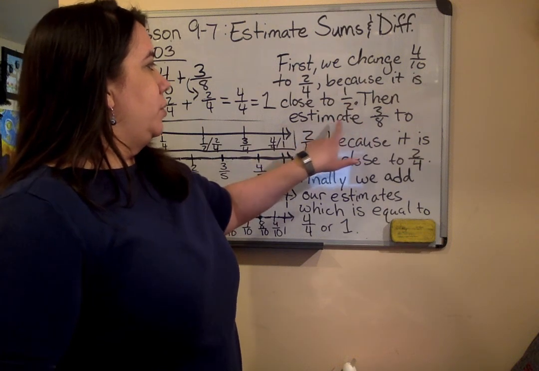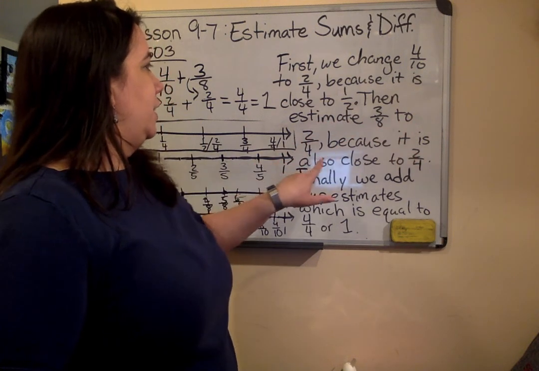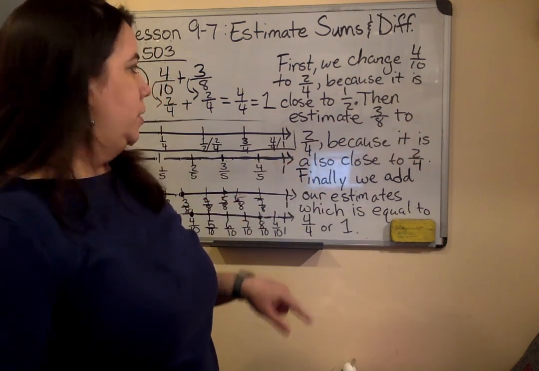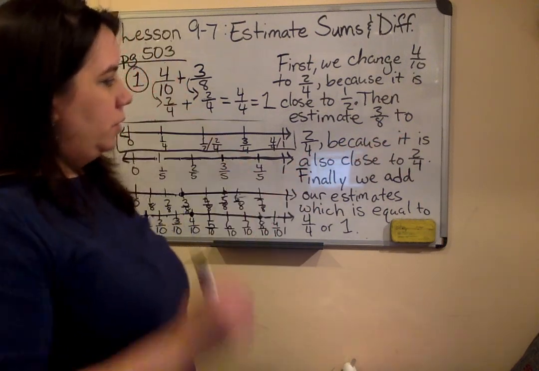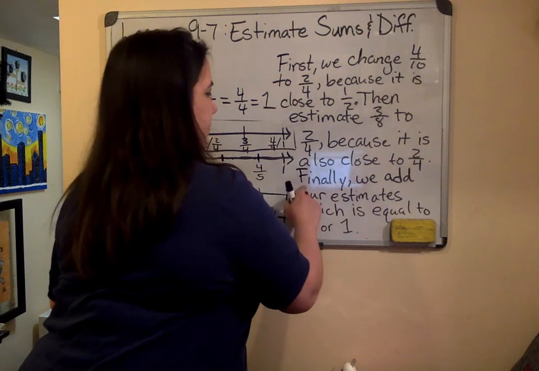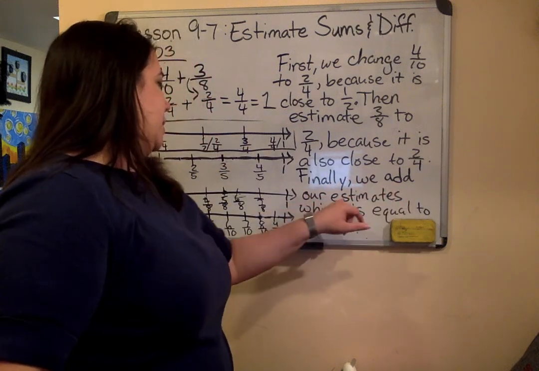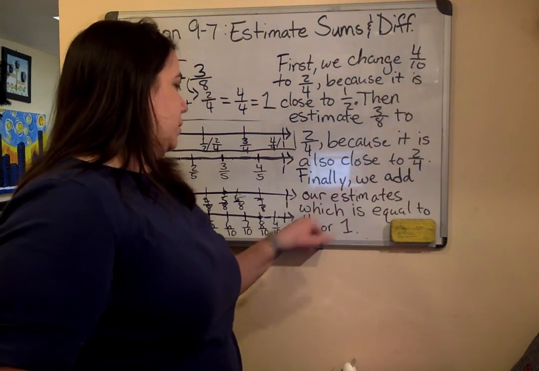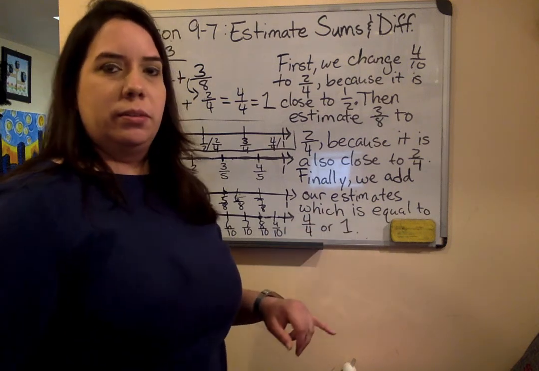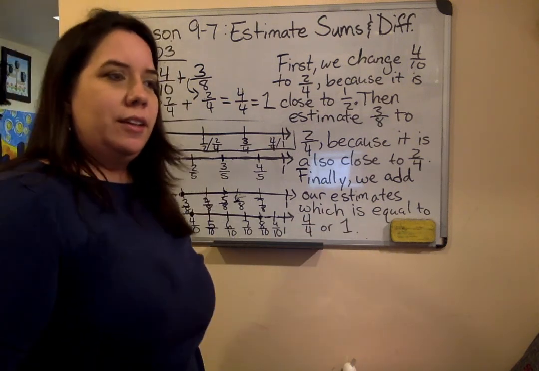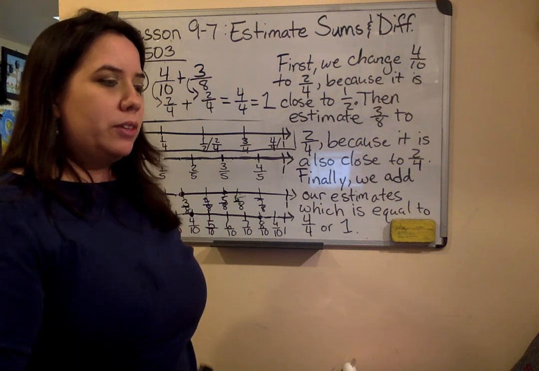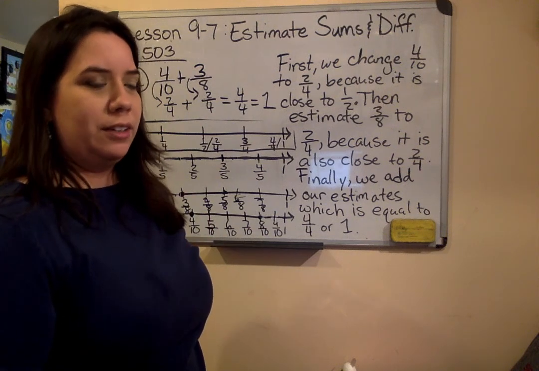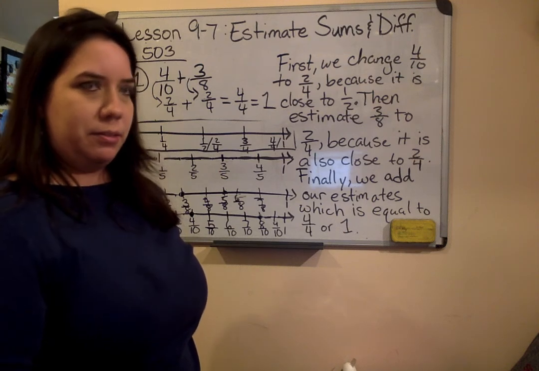Después, estimamos que 3/8 es cerca a 2/4, porque es también más cerca a 2/4. Finalmente, sumamos nuestros estimados, que era igual a 4/4 o 1 entero. Otra vez, si necesitas un minuto para copiar las notas, por favor oprima pausa y sigue el video cuando estás listo para seguir en las notas.